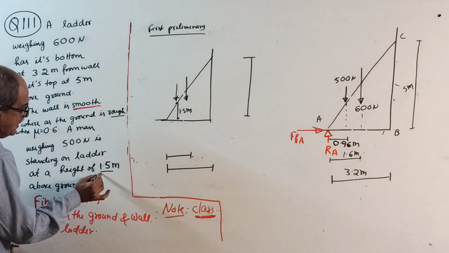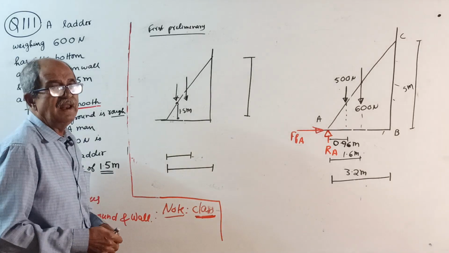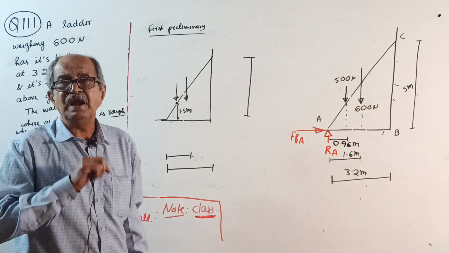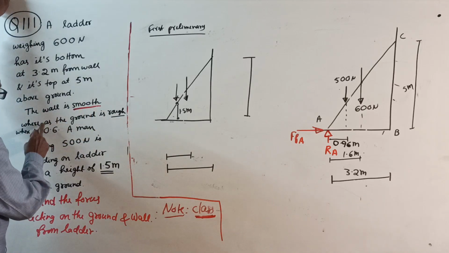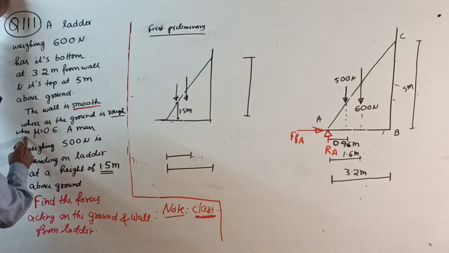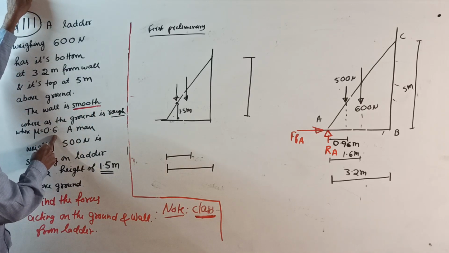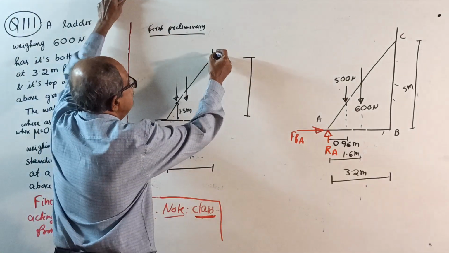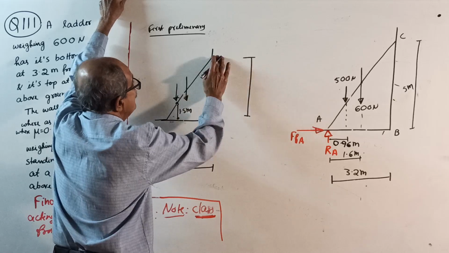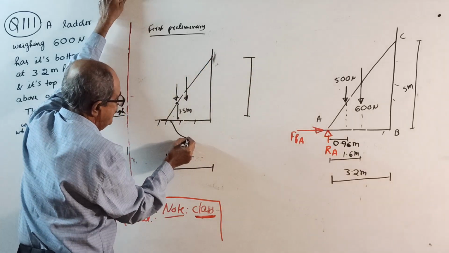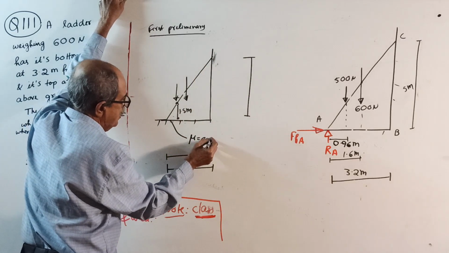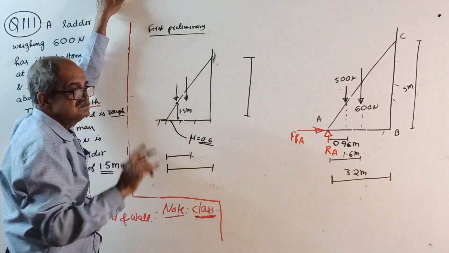Instead of 1.6, I told 1.5. Then I am adding one more piece of data deliberately. The wall is smooth, whereas the ground is rough, where mu equal to 0.6. So I am telling this contact surface mu equal to 0.6 in the question I am giving.